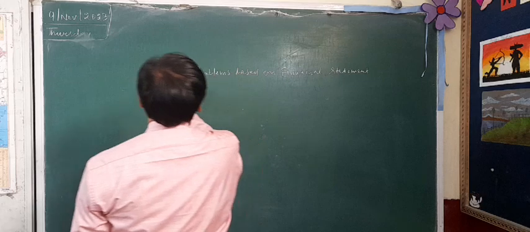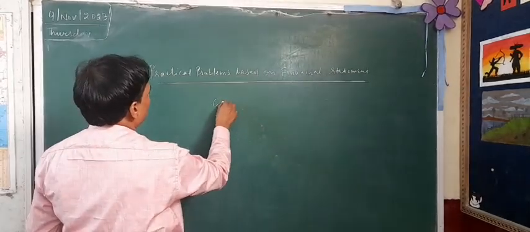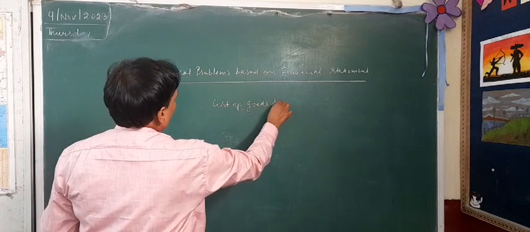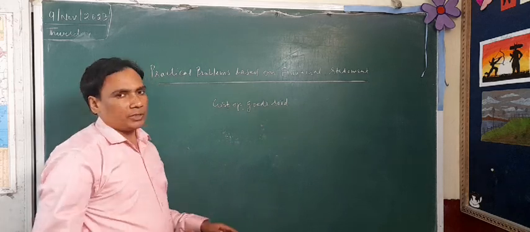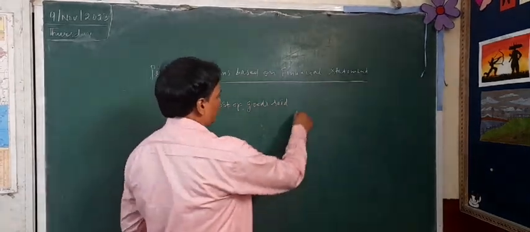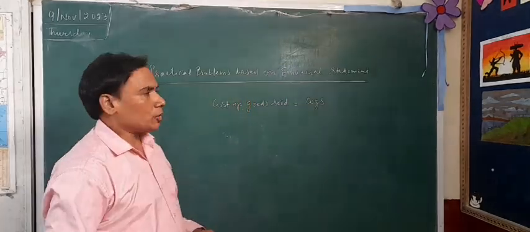For that we first need to know the formula for cost of goods sold. In short form, you can say COGS. COGS stands for cost of goods sold.